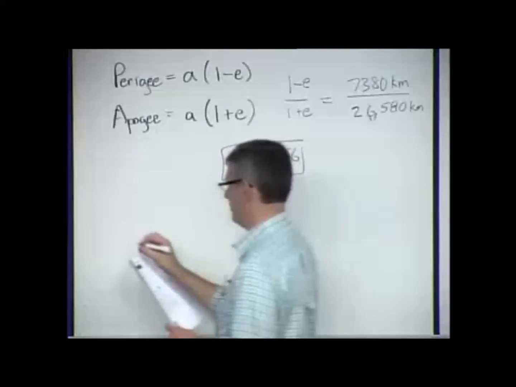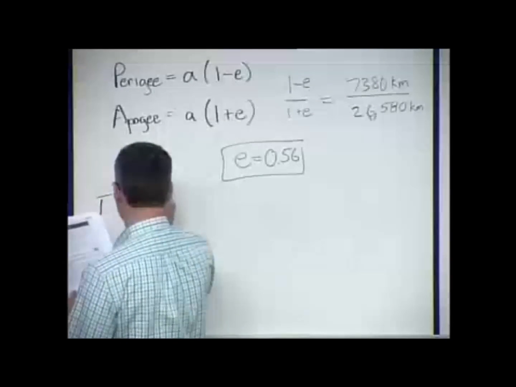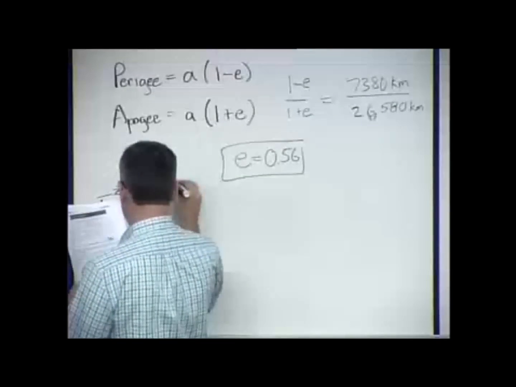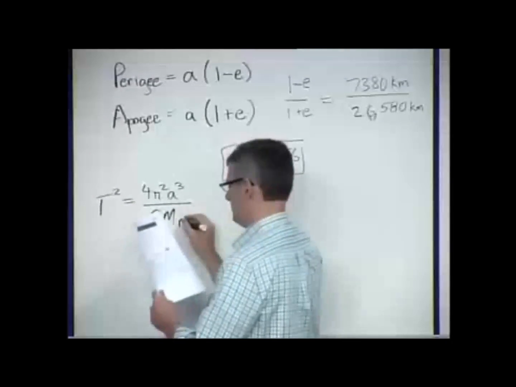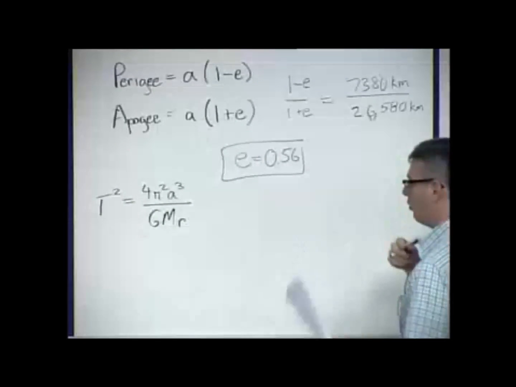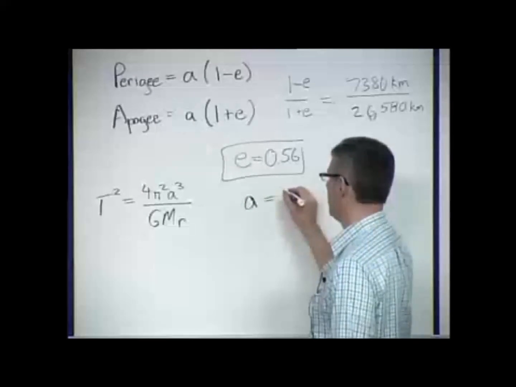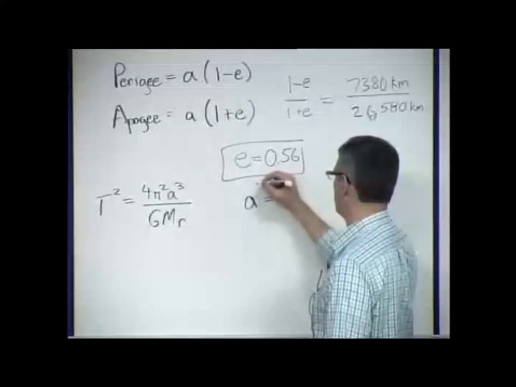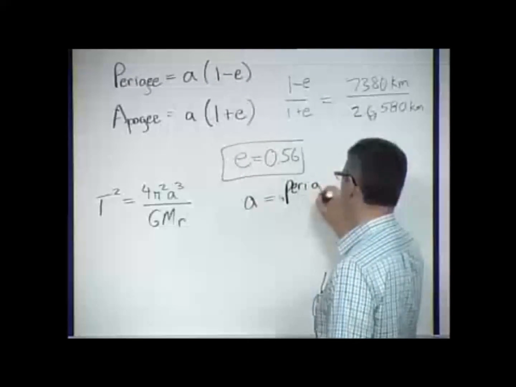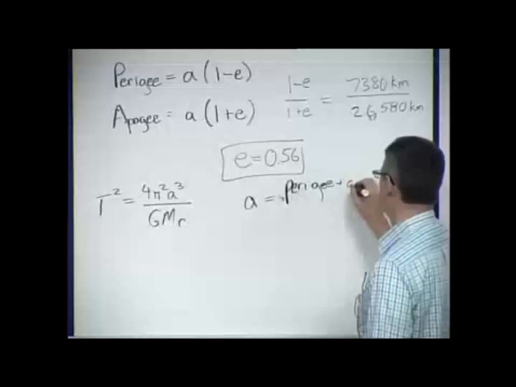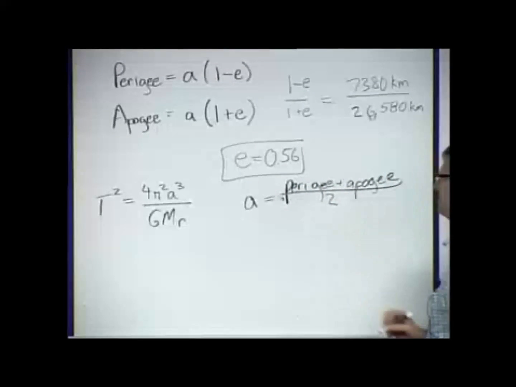Now, what is the period? Let's use Kepler's third law. That says T squared is equal to 4 pi squared A cubed over Kepler's constant, GM for the system. What is A going to be? Well, A, my semi-major axis, is really just the average of perigee plus apogee.